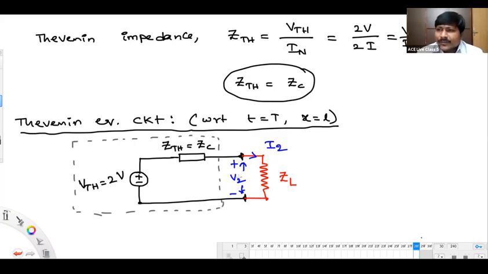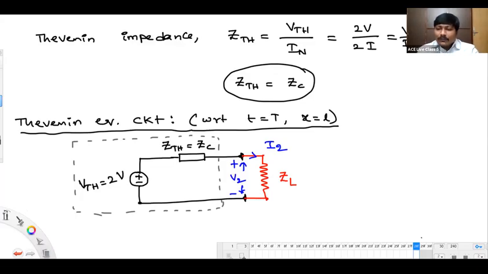Can you find out V2 just from voltage division? V2 is equal to 2V into ZL by ZL plus ZC. I2 you can get as 2V by ZL plus ZC. You can get V2 and I2 easily from this. But after getting those refracted quantities V2, I2, how to get reflection?